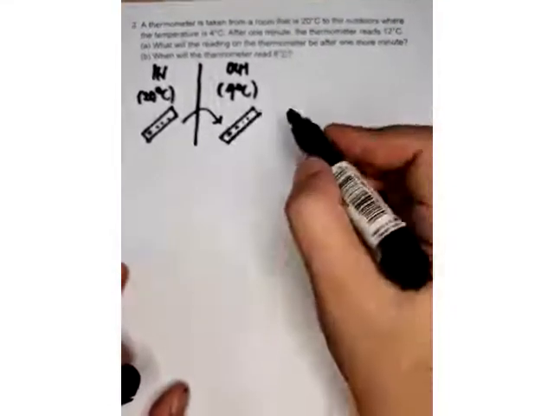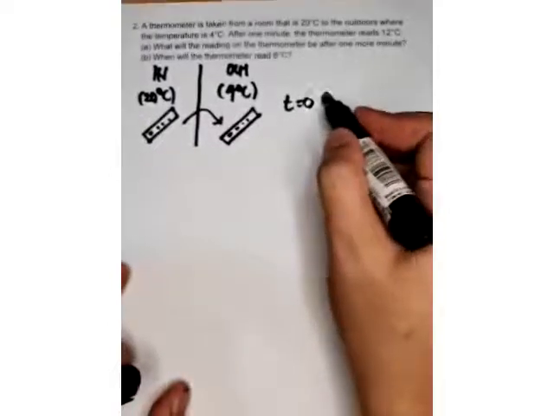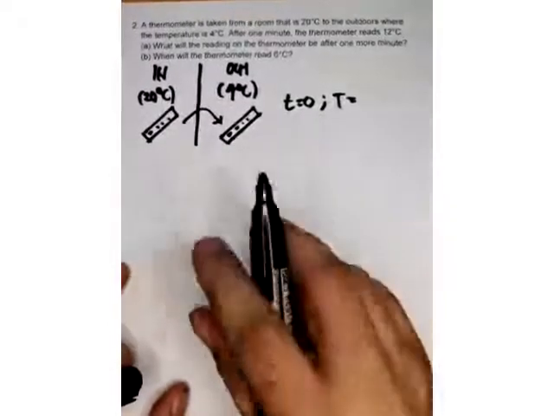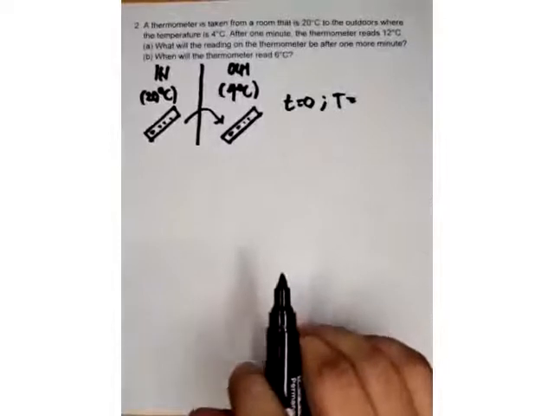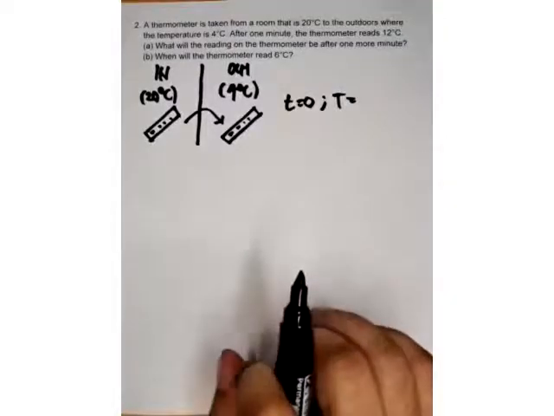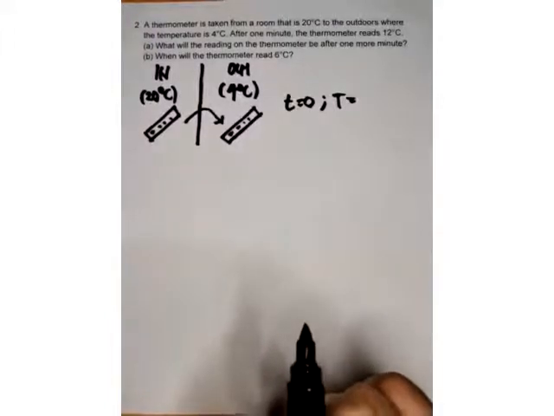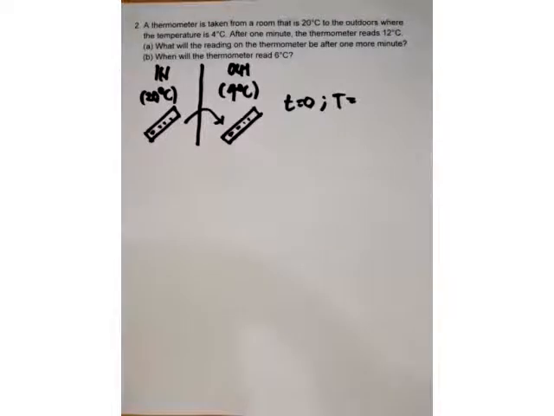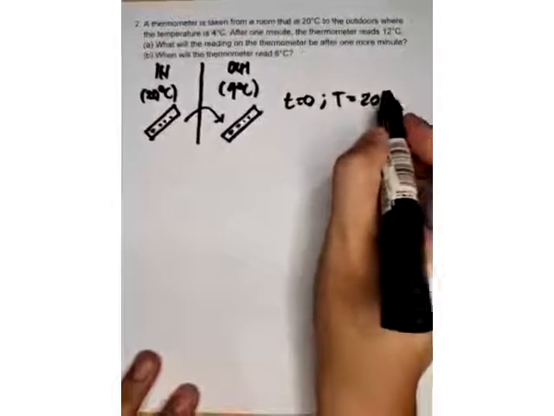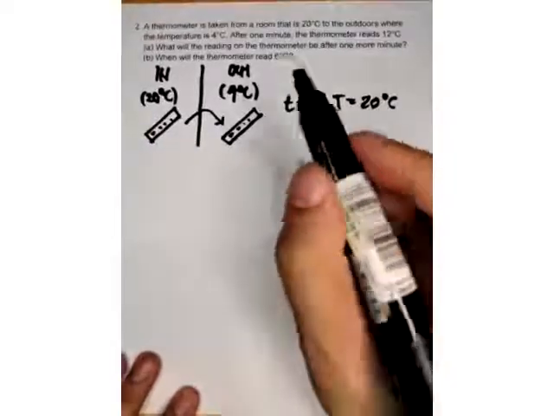Okay, class. So that means at T is equal to 0, what's the reading of the thermometer? Siyempre, kung nasan siya galing, kasi inassume natin na naka-thermal equilibrium siya doon. So that is 20 degrees Celsius. Okay, next.